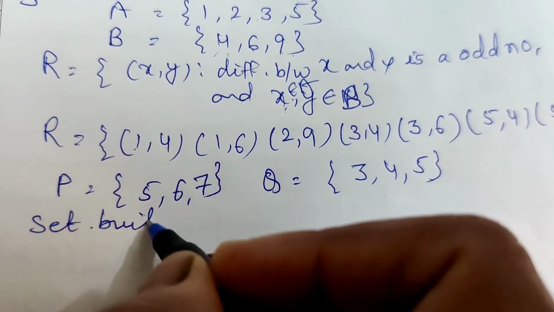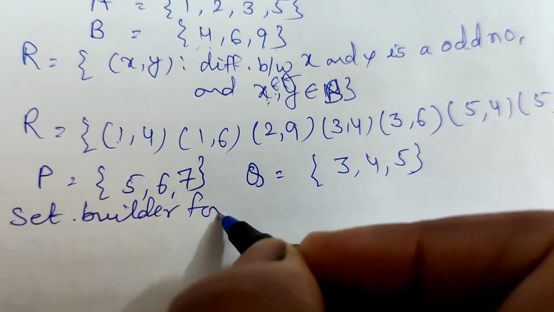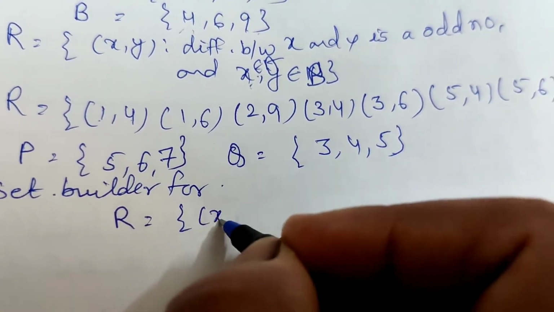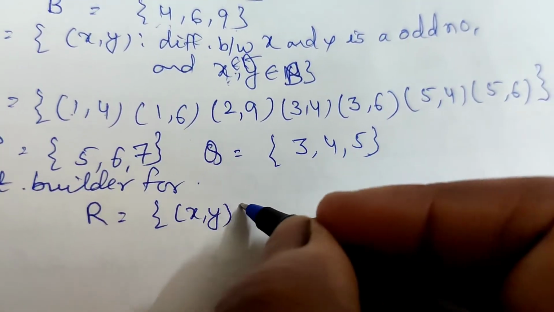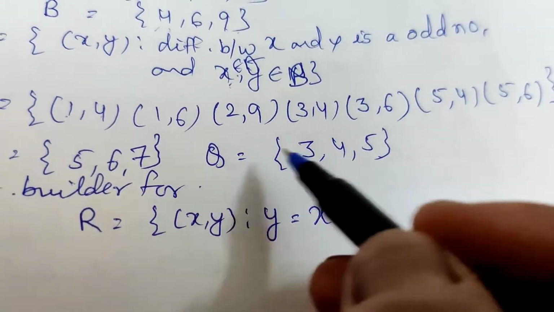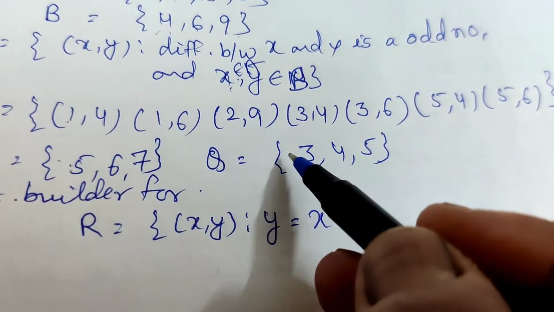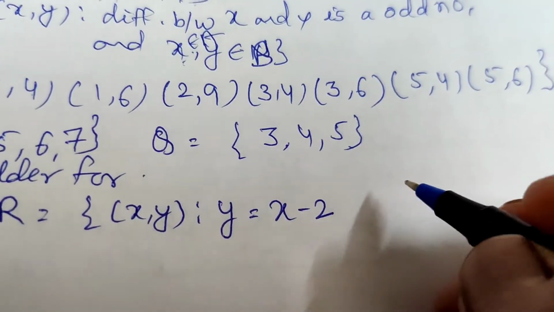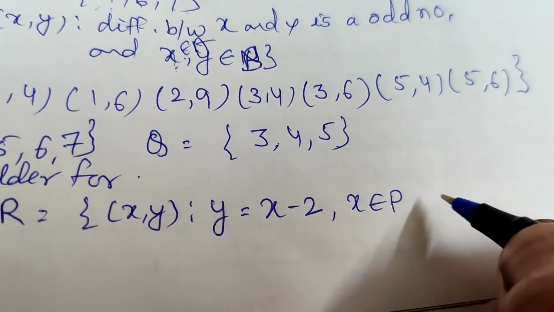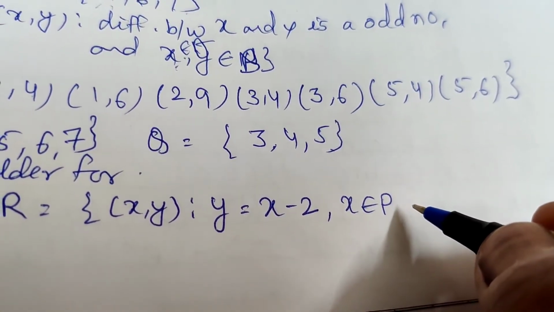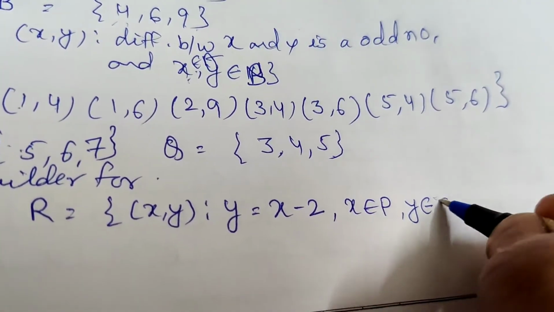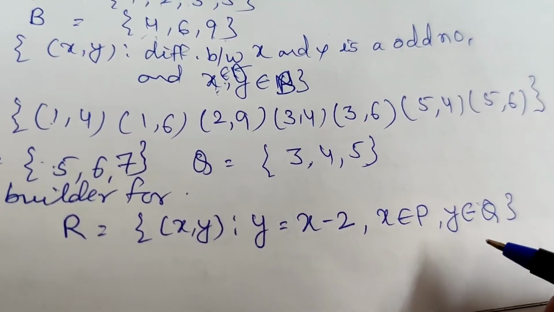Set builder form means R equal to xy such that y equal to x minus 2. It means x belongs to set P and y belongs to set Q. This is the set builder form.